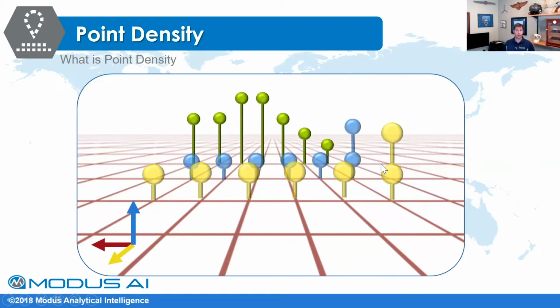Each one of those points is going to have your three cardinals, so your X, your Y, your Z. It will probably have your return depending on which LAS scheme you're using, and I usually talk about that in another session. You're going to have an intensity level, so it tells you what kind of reflectivity that you have. It will tell you the characteristics of your heading, so what pitch, roll, and yaw that you actually had in there, your scan angle, your time that it actually happened. So that's a lot of data per second that actually is happening there.